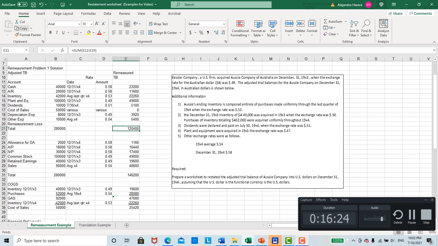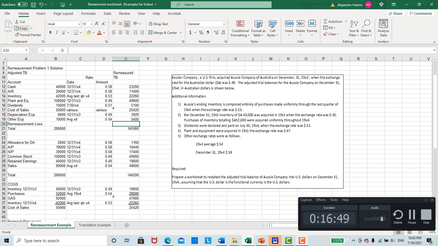1,20480 seems a little low. Cost of sales was obviously understated there. 24, 3920, 5400.